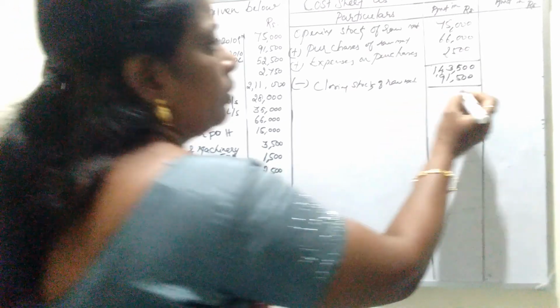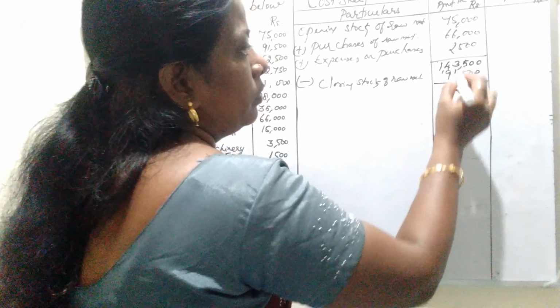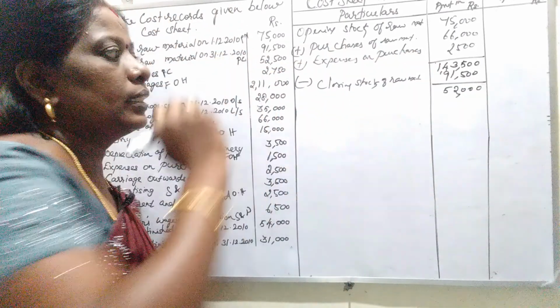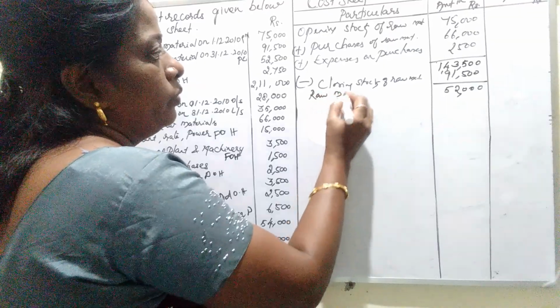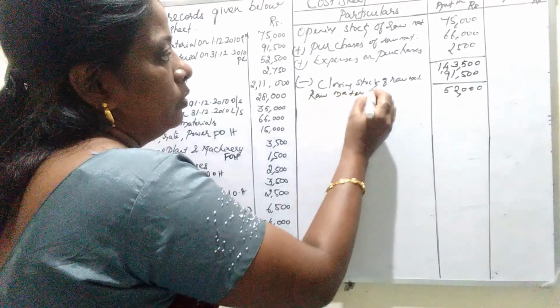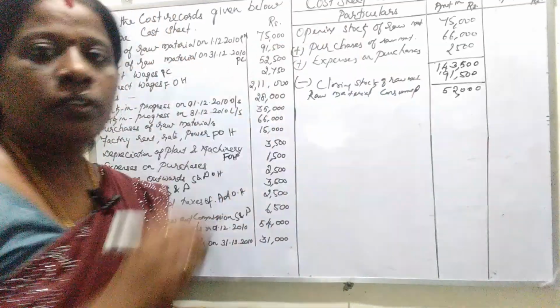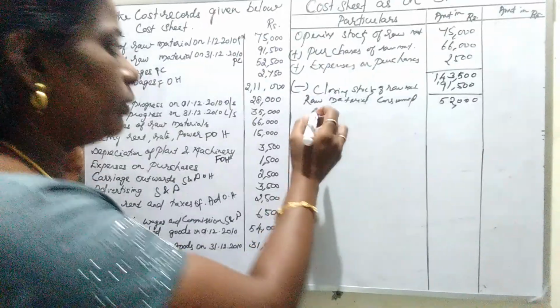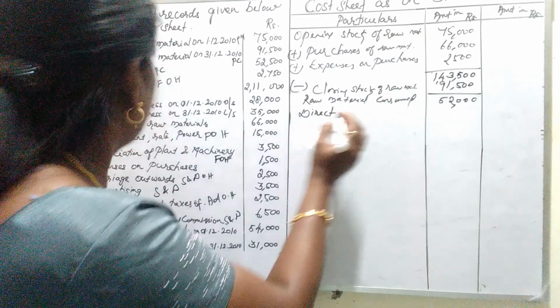Okay. So it is 52,000, the raw material consumption value, raw material consumed.